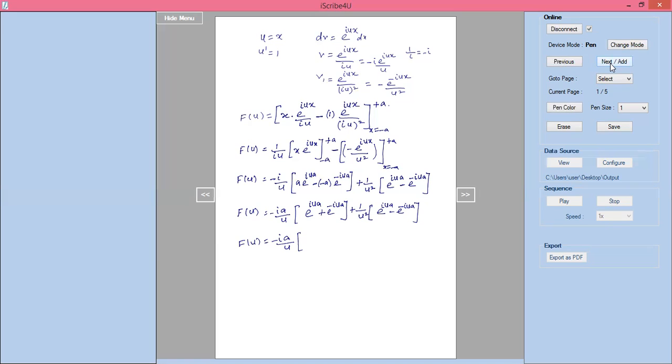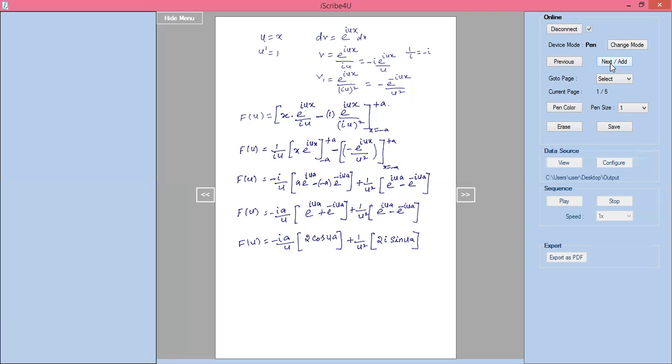So this one is 2 cos ua. Plus 1 by u square into, this one I'll write as 2i sin ua.